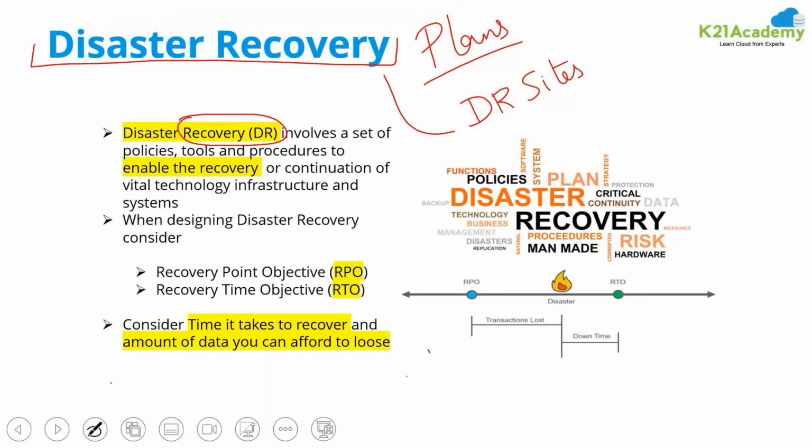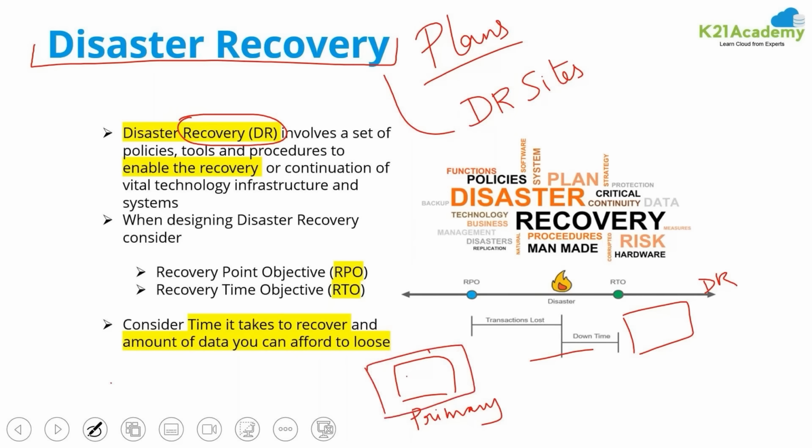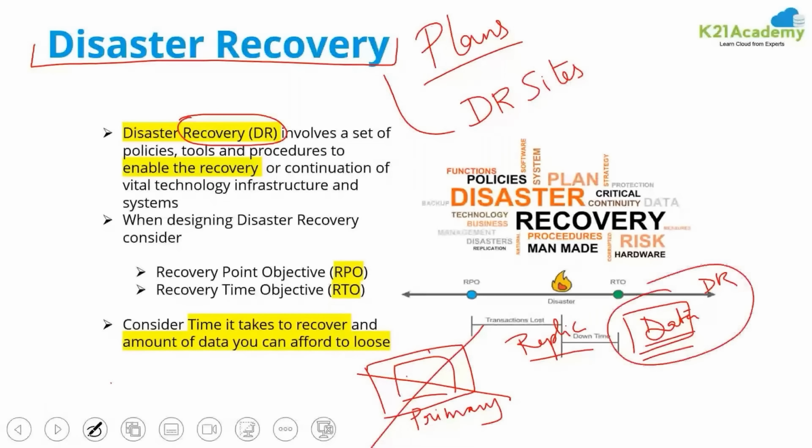So there will be one primary location from where your operations are being done, and they will also have one disaster recovery site, so that if this primary data center crashes due to any reason, all your data is available over here because you are doing replications in the background. So if this goes down, your data can be recovered from this location.